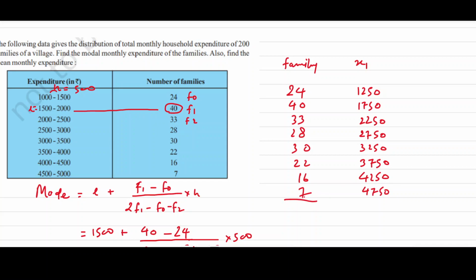Now the number of families is given as 200, so if we add them, we get 200 here. That means this is sigma fi. This is fi.